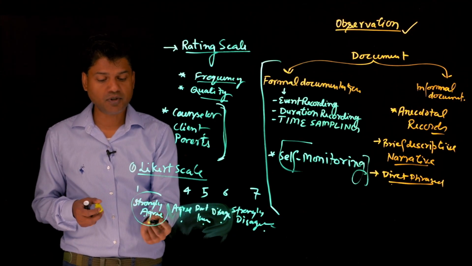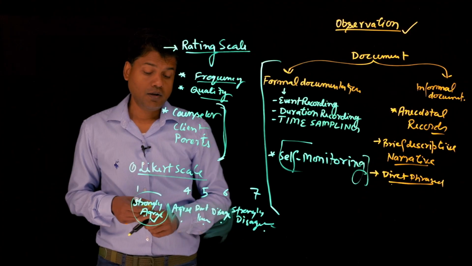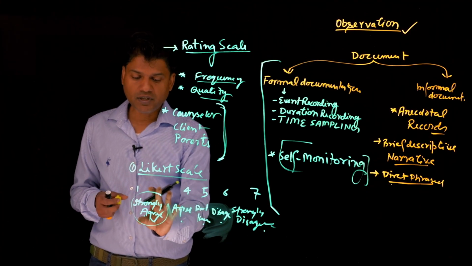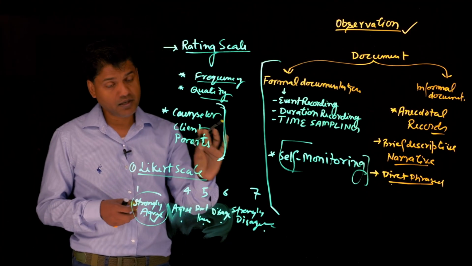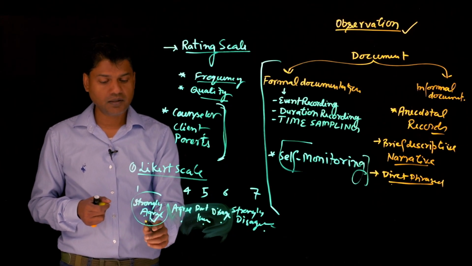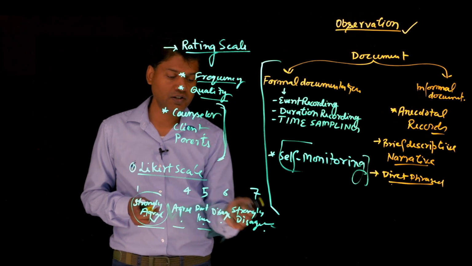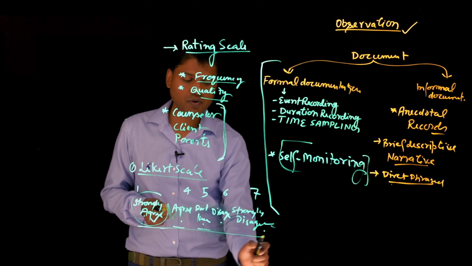The response could be strongly agree, or whatever. So basically what is happening is you describe a behavior and then the participant fills it with strongly agree, disagree, or whatever the response is.